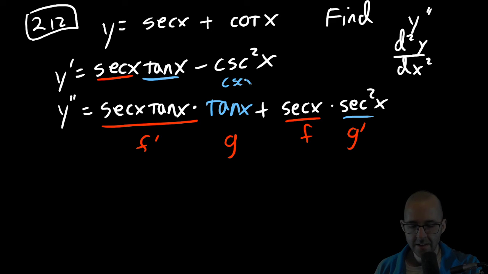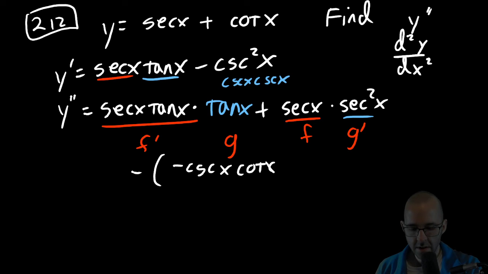It's cosecant x times cosecant x right now because we don't have the chain rule yet. We're going to have to use the product rule again. So minus derivative of cosecant is negative cosecant cotangent. And the cosecant is there from before.